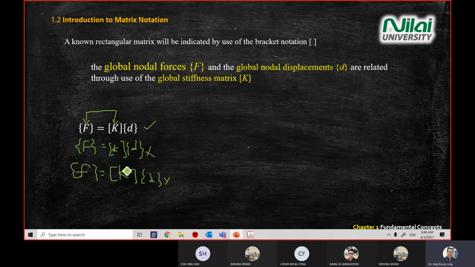Normally these are the things that we see in the exam. So be careful with the notation that you use. Don't mix. If you write capital F on the left hand side, make sure it's followed by capital K. D doesn't change. D is always a small letter.